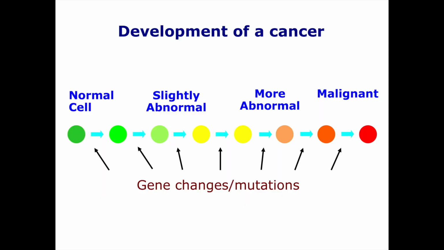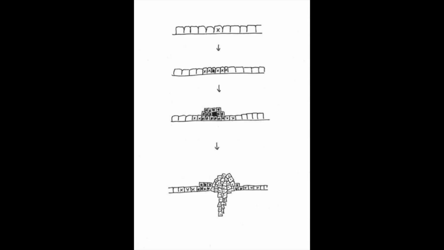A very important idea in cancer biology is that each mutation gives the cell that acquires it a selective advantage over its neighbours, so that cancers evolve by natural selection, as illustrated in my rather crude drawing here.